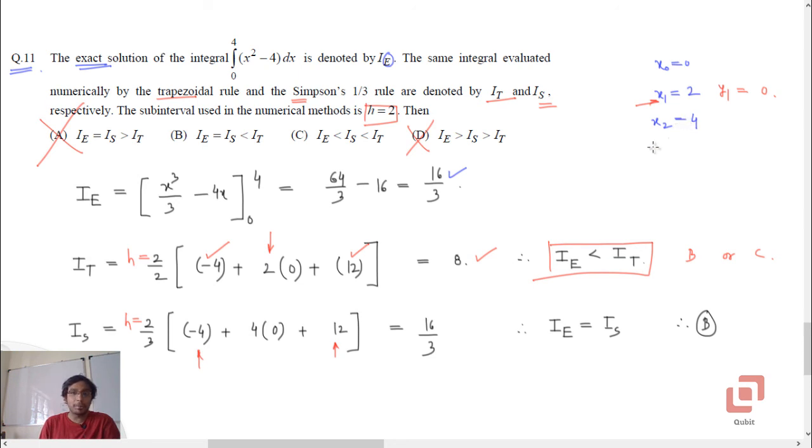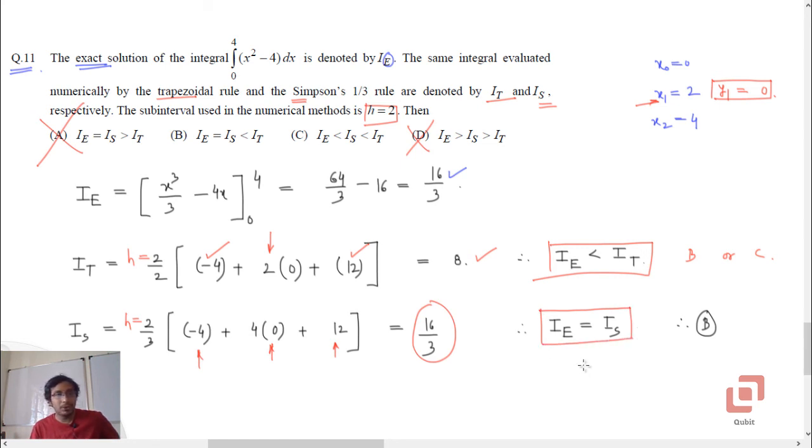But that is not going to matter in this case because the value of y1 itself is 0. So this is going to be 12 minus 4 is 8, 8 into 2 is 16, 16 upon 3. So IE is equal to IS.